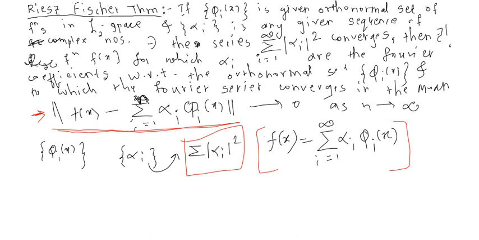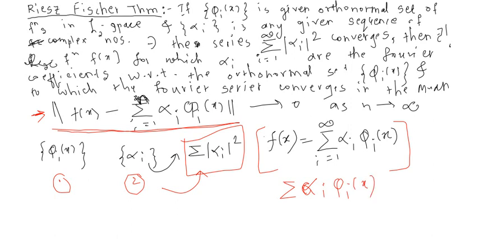And you will observe that if we have these two sets, and the second set satisfies this criterion, then in functional analysis the series alpha_i phi_i(x) is a convergent series.